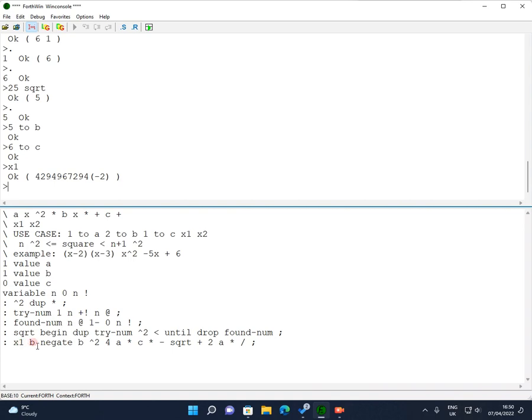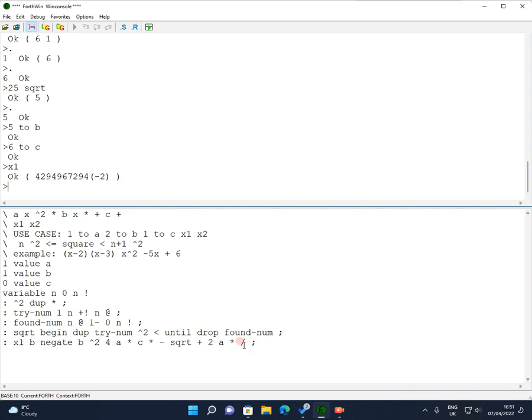So we do minus b. We do b squared. We do 4 times a times c. We subtract that, so b squared minus 4ac square root, plus 2 times a divide.